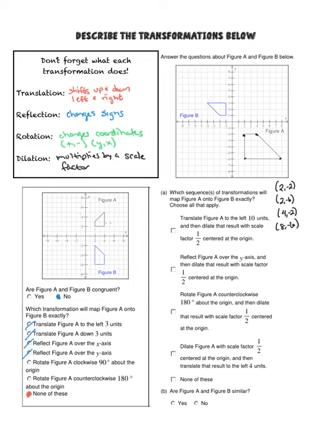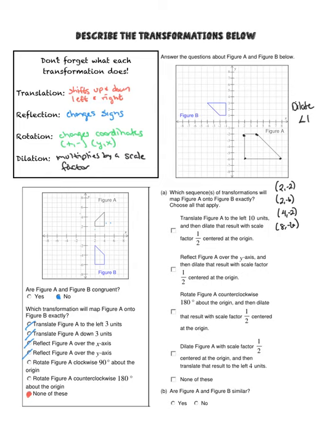For figure A to shrink, it has to dilate less than 1. Alrighty? Scale factor. Okay, so let's check. All of these have scale factors of 1/2. So that's good. They're all still possible.